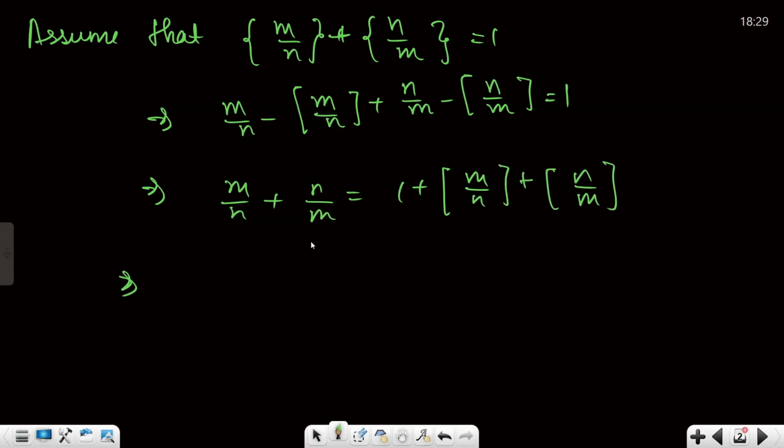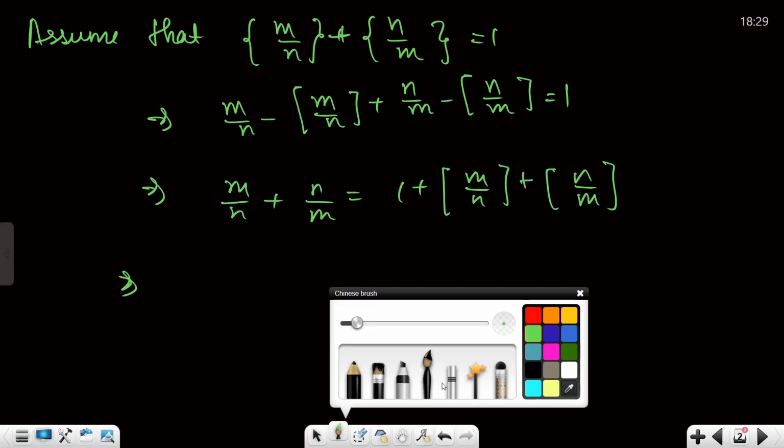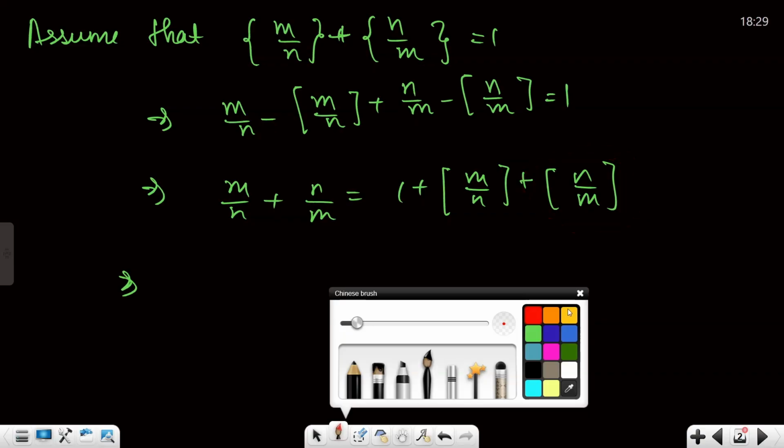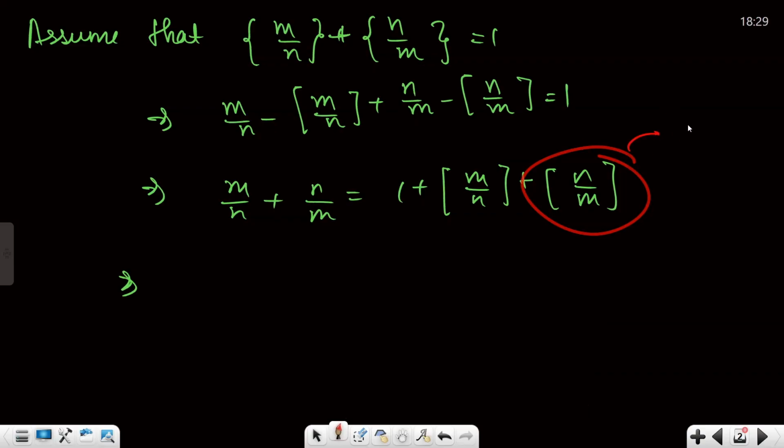So we've got this. Now I want you to realize that this thing is an integer. It's a natural number, in fact. And m and n are natural numbers, and this is the greatest integer function, so this is also going to be a natural number. Now this is also going to be a natural number. So we can say that this entire thing is equal to k, and k belongs to N, the set of all natural numbers.